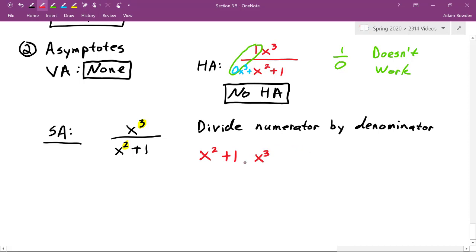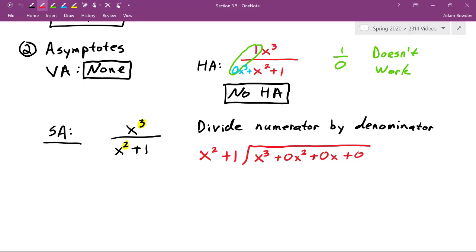But that's not all we have to do here. Since our dividend, what we're dividing into, doesn't have an x squared term, we'll put a 0x squared, a 0x, and a 0 to fill out all the other powers of x in descending order. And then we'll follow the process of long polynomial division here.